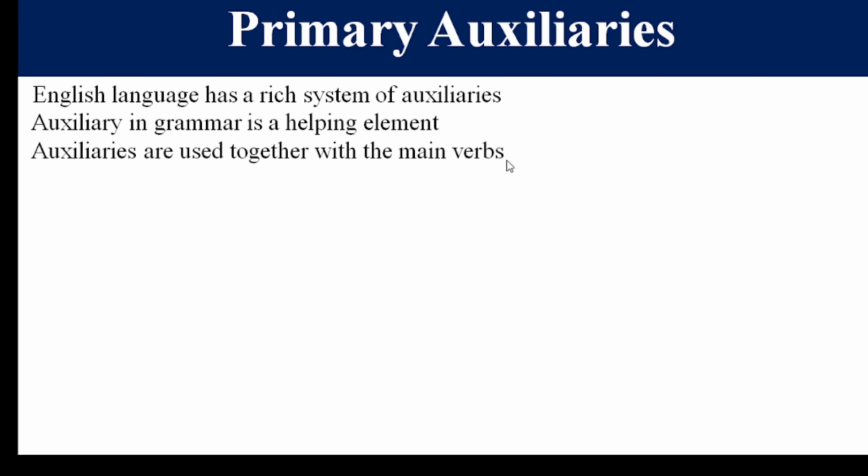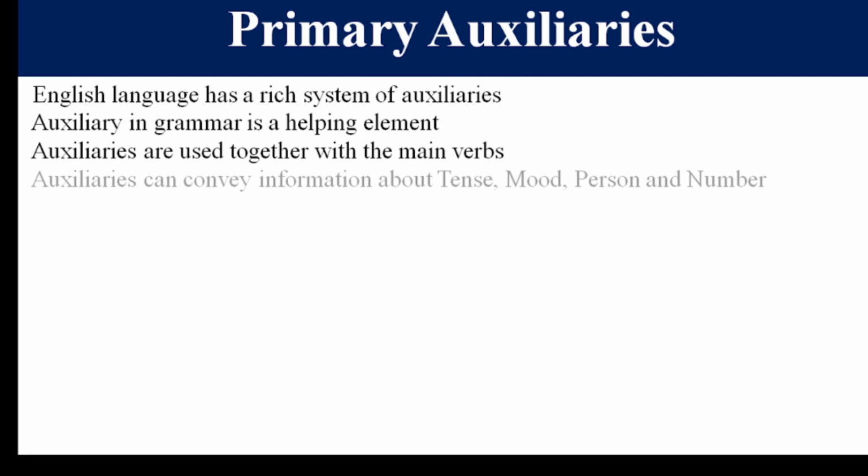Main verbs stand alone in any tense, whereas helping verbs help the main verb, modify it, and add something to it. Sometimes helping verbs also work as main verbs, which we will discuss in the next slides.